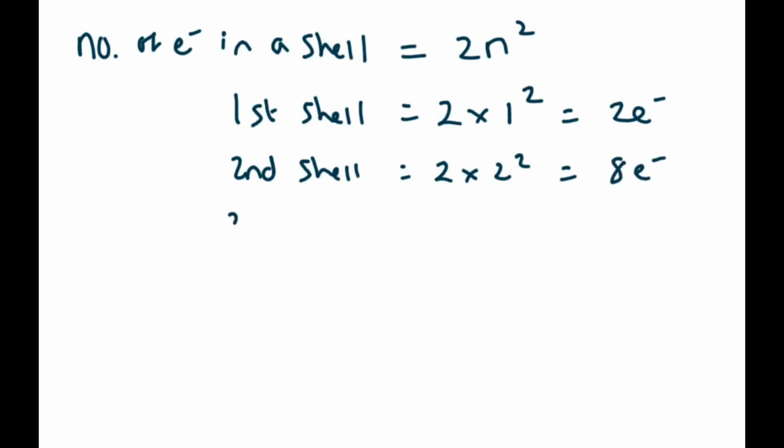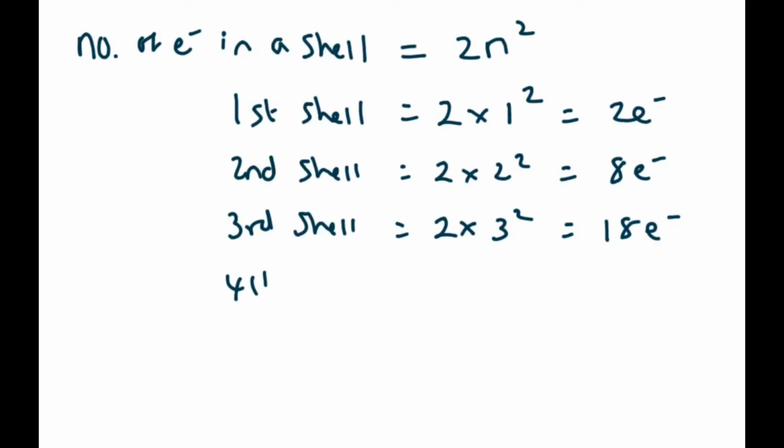In the third shell, it's 2 times 3 squared. 3 squared is 9, 9 times 2 is 18 electrons. And in the fourth shell, 2 times 4 squared. 4 squared is 16, 16 times 2 is 32. So there's actually a maximum of 32 electrons in the fourth shell.